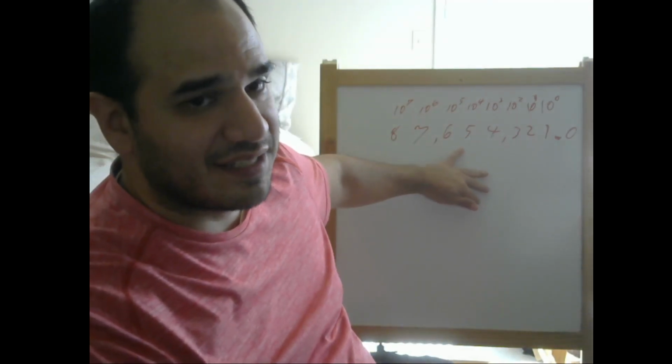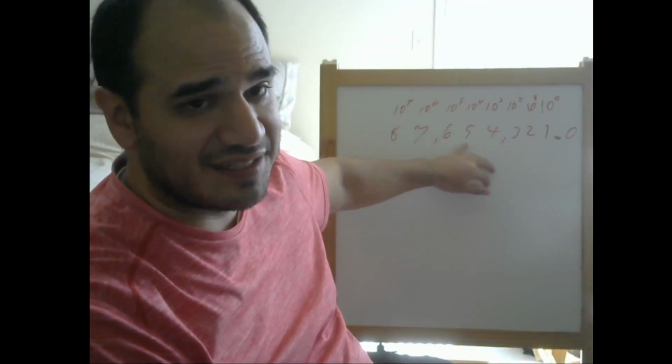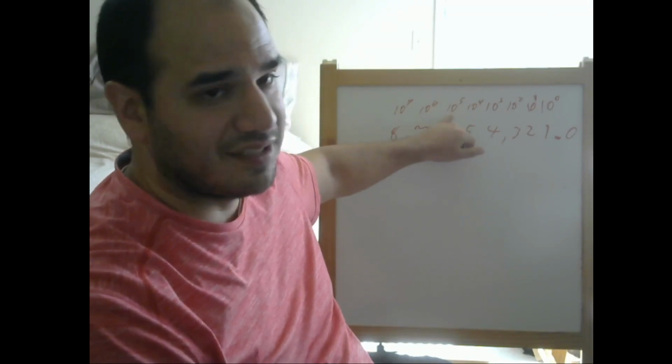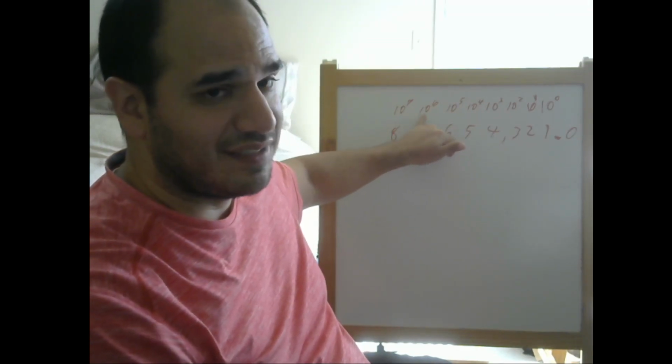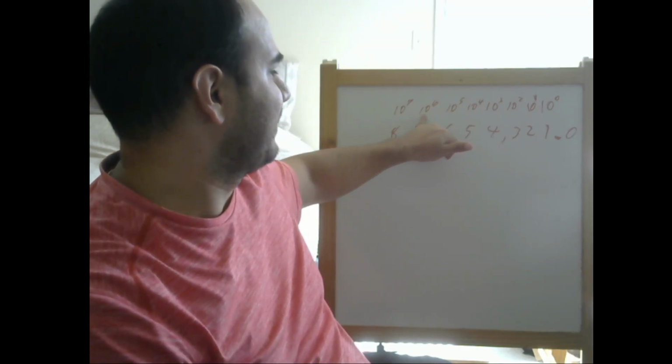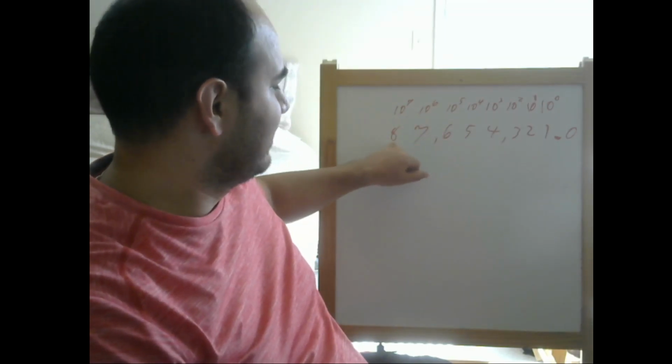A 4 in the thousands, 5 in the 10,000s, 6 in the 100,000s, 7 in the millions, and 8 in the 10 millions. And so, we learn just along the way various representations for this.